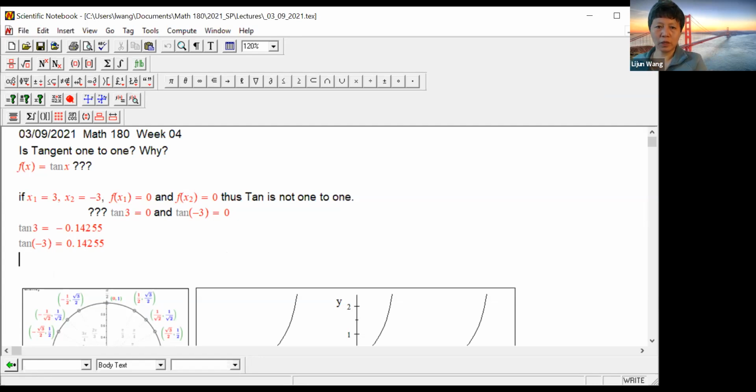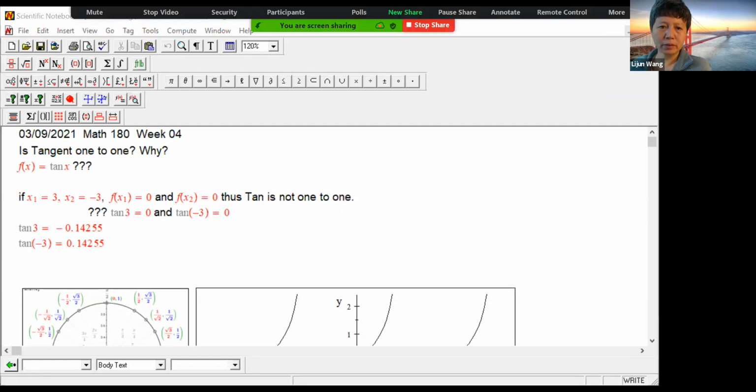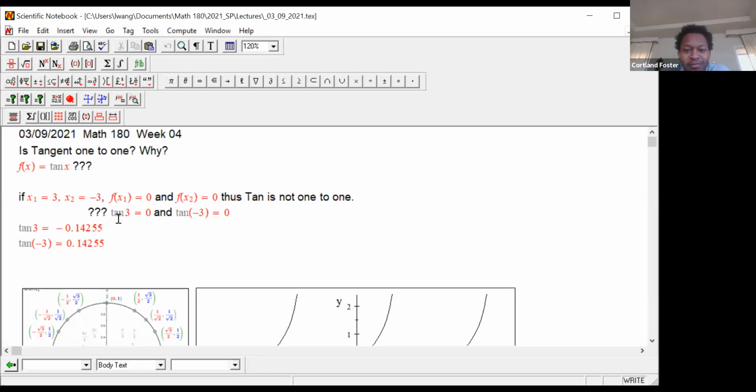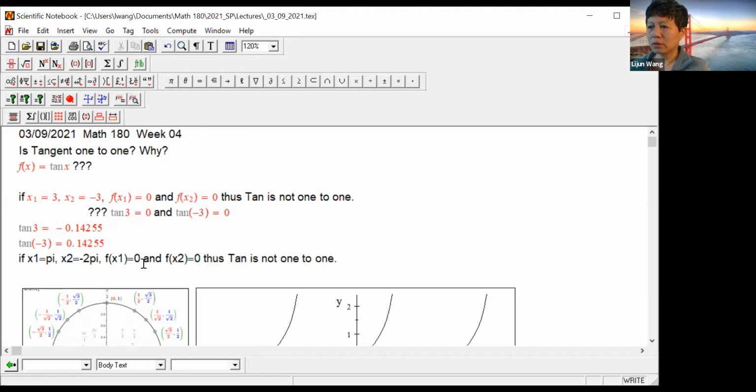If x1 equals pi, x2 equals 2 pi. Oh wait, not a negative, just regular 2 pi. I didn't see that. So remove the negative sign, is that right? That makes you happy? Yes.